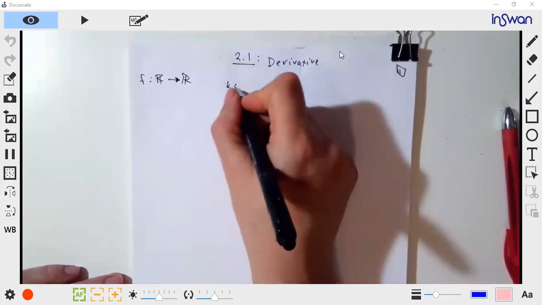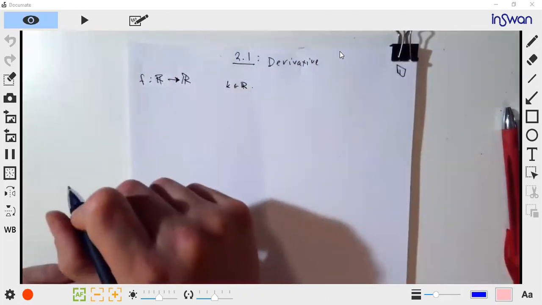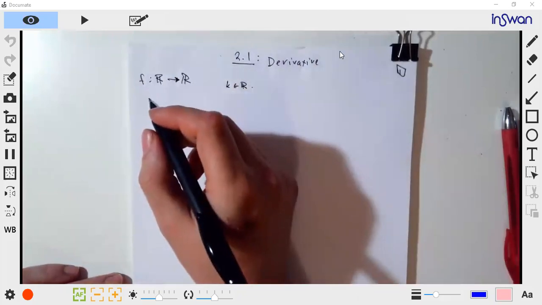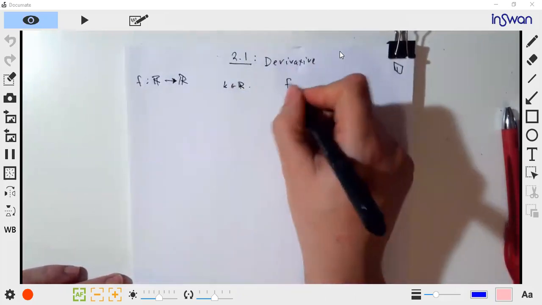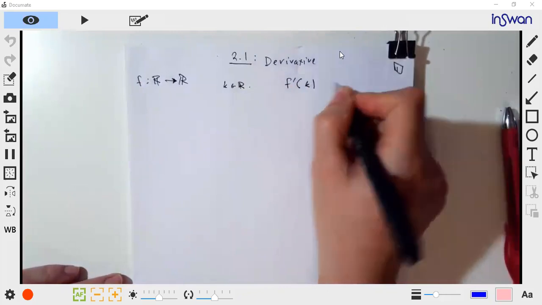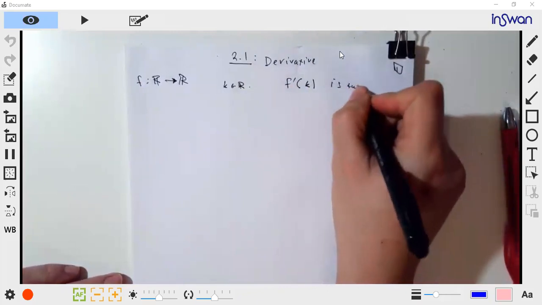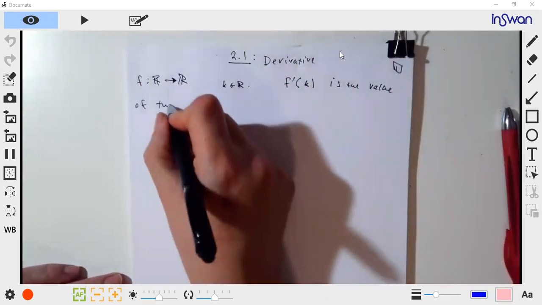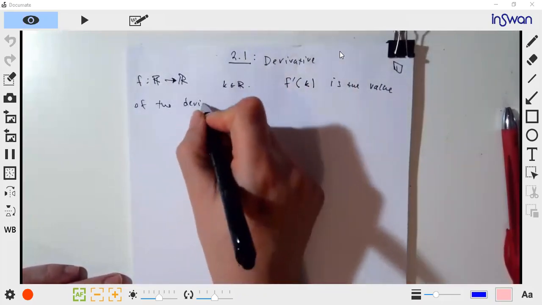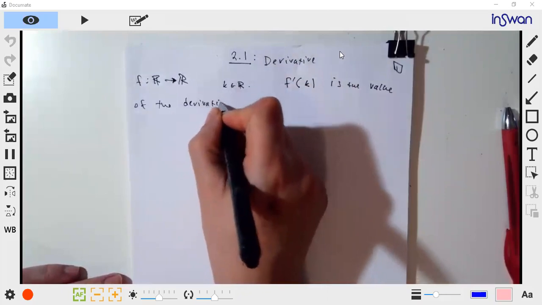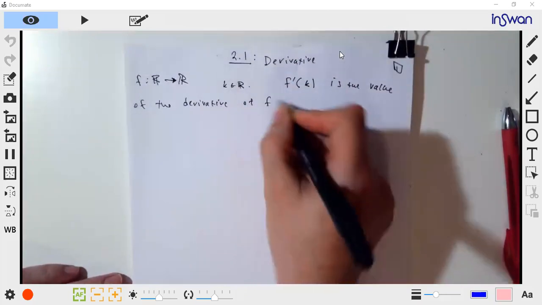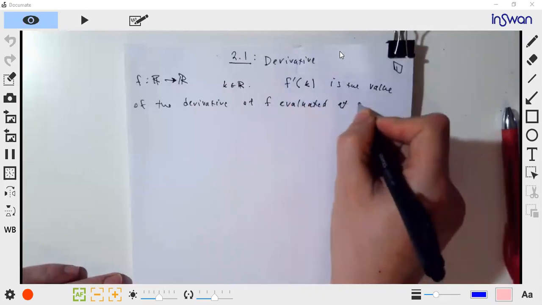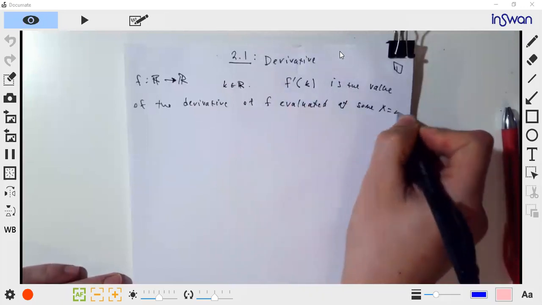Let k be any real number, an element of the real numbers in the domain of f. We say f prime of k is the value of the derivative of f evaluated at some x is equal to k.